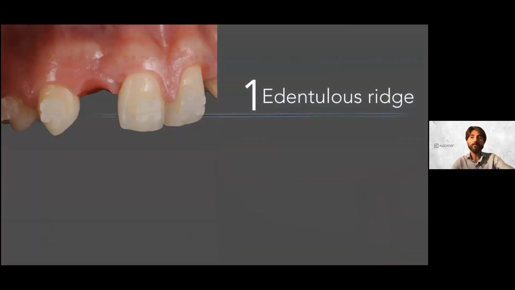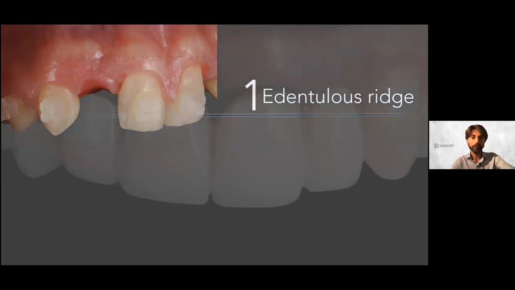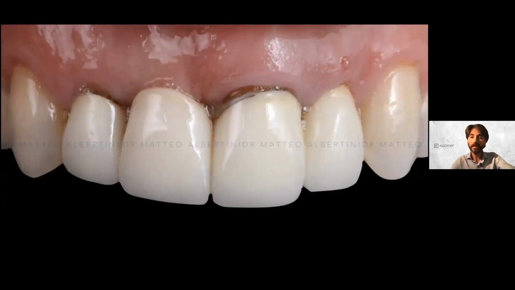If we are in the first scenario, like in this case, we can see we already have a big shrinkage of soft and hard tissues in position 1.1. And we have to deliver a good aesthetic in this case.